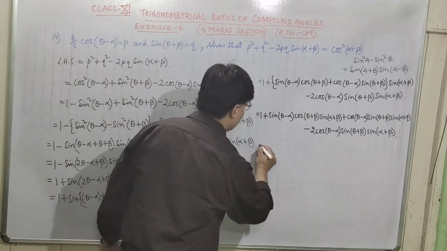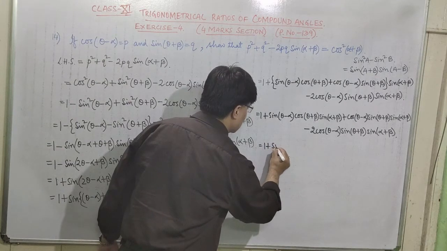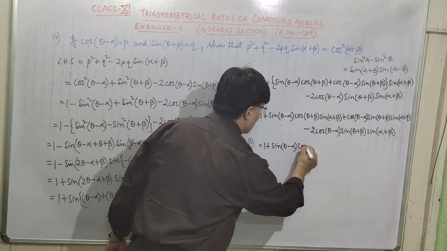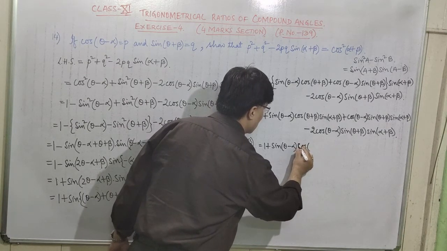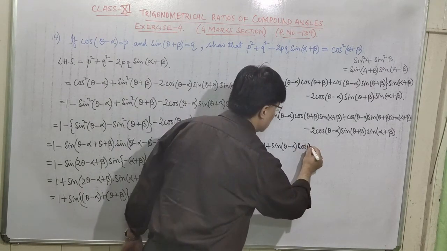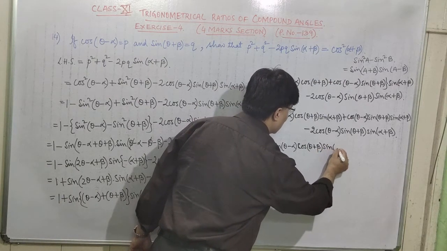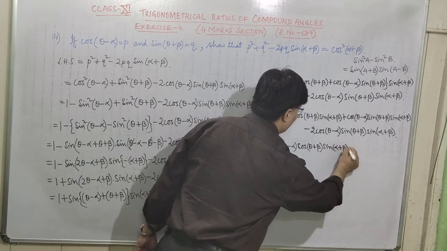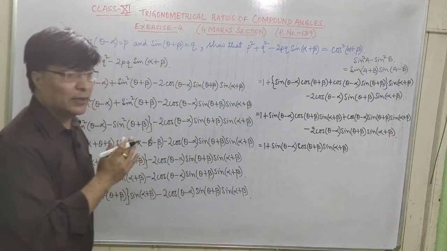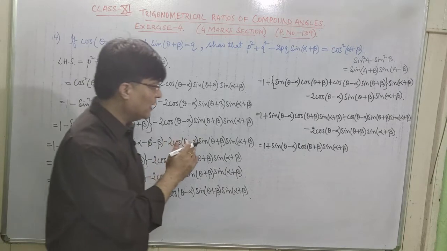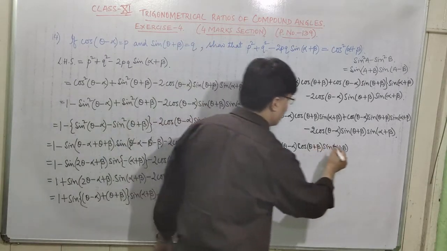So you can write which is equal to 1 plus sine of theta minus alpha cos theta plus beta sine of alpha plus beta, and this third term and last term, if you simplify it, what do we get?